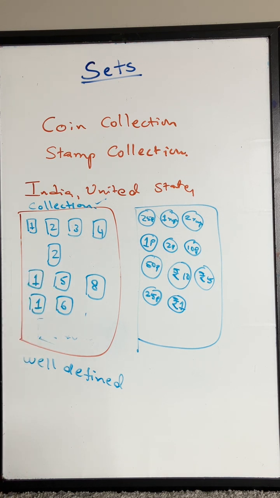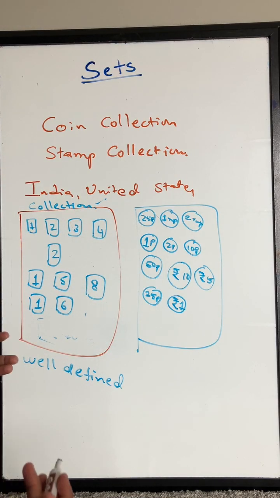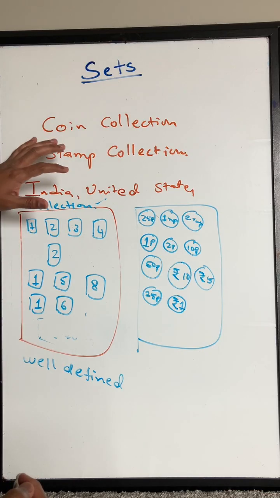Duplicate in the sense the same thing again and again is called duplicate, right? So here in this collection, to make it a set, we have to remove the duplicates. That is what our stamp collectors do. Generally they don't collect the same stamp 100 times. They try to be unique and distinct.